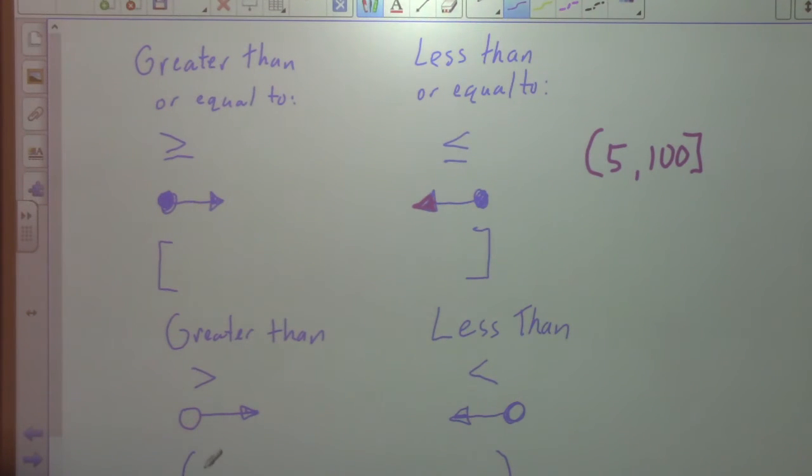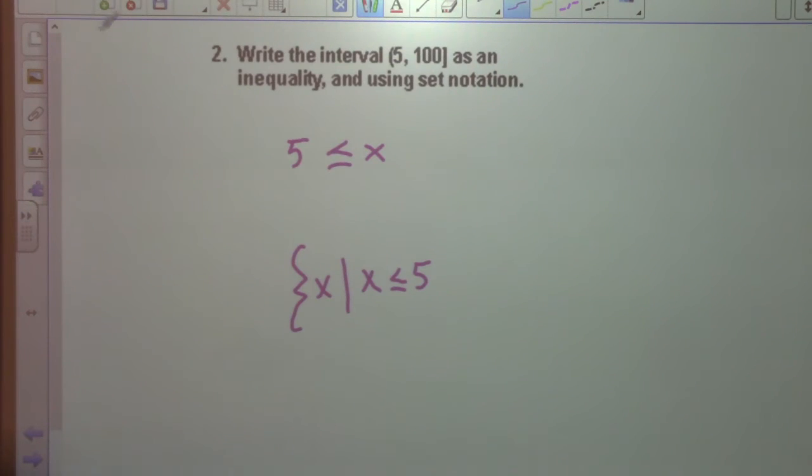It's going to be greater than. So x is going to be greater than 5, but we have this bracket here, which means x is also going to be less than or equal to 100.